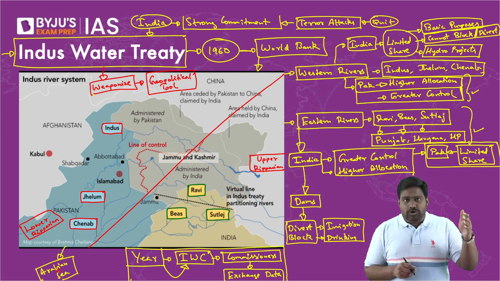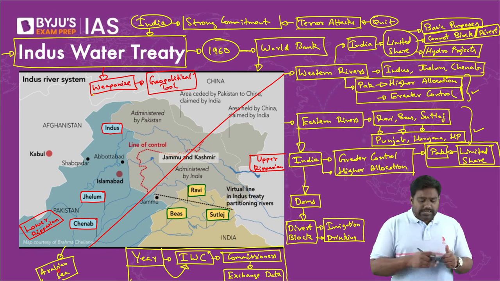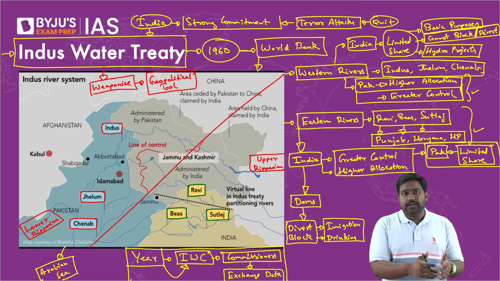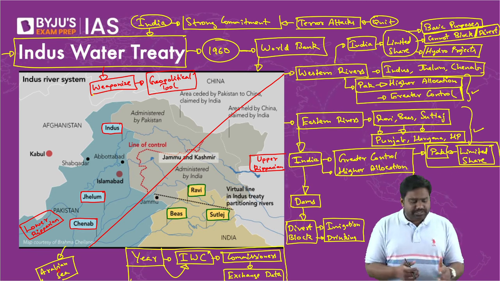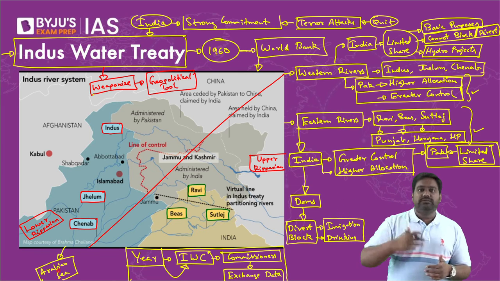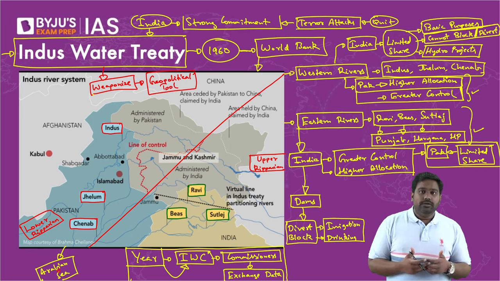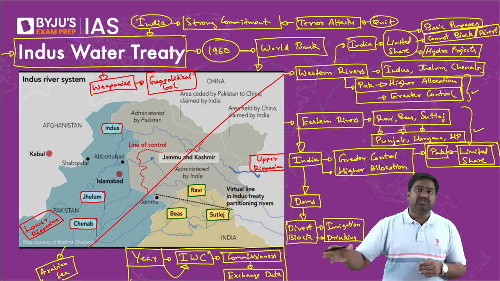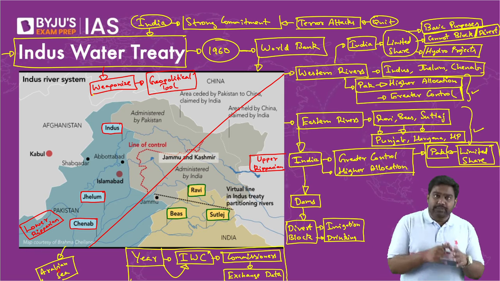Hafiz Saeed, the founder of Jamaat-ud-Dawa and Lashkar, conducts public rallies. He addresses the farmers and illiterate people, who have no idea about geopolitics, and he tells them that India is using water as a terror tool. If floods or droughts happen in Pakistan, he blames it on India, saying India is doing it. These lies are already being spread.